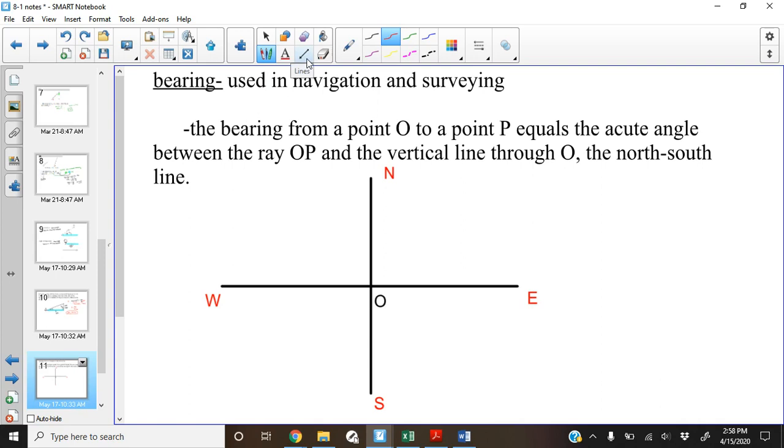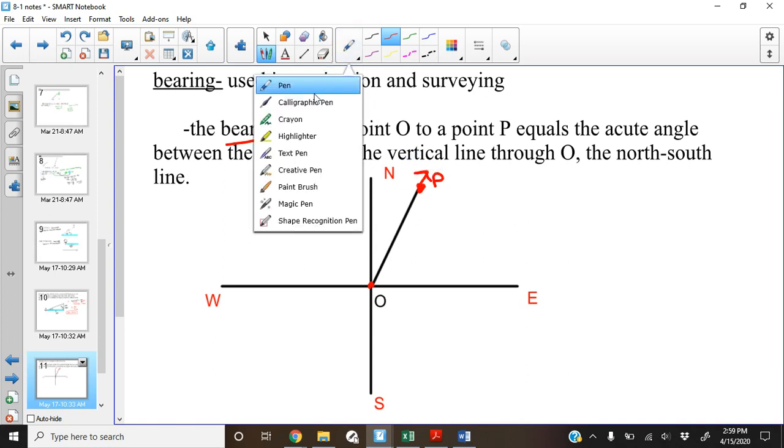So if we are trying to find the bearing from a point O, so here's our point O right here, to a point P. Let's say that's our point P. Well, the bearing from O to P is going to equal the acute angle, which means less than 90 degrees, between the ray OP and the vertical line.